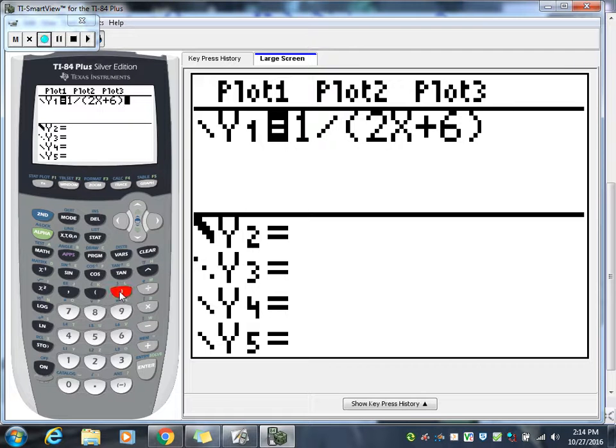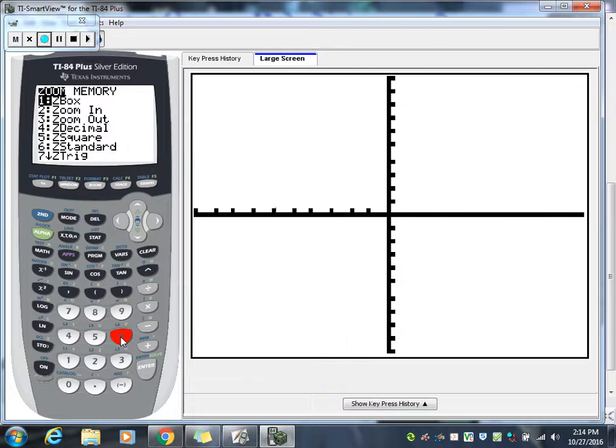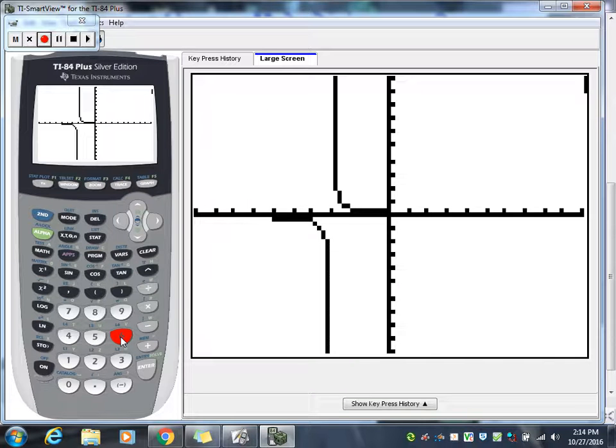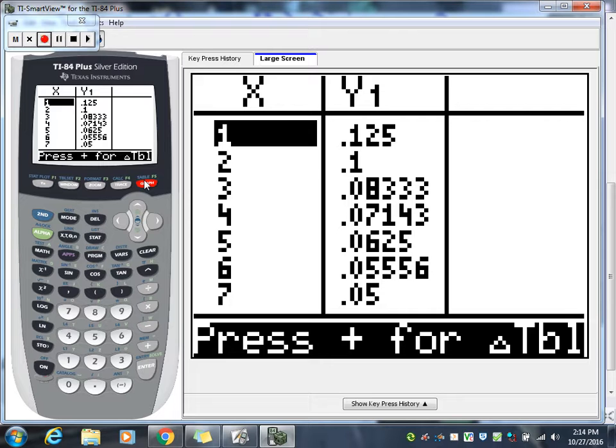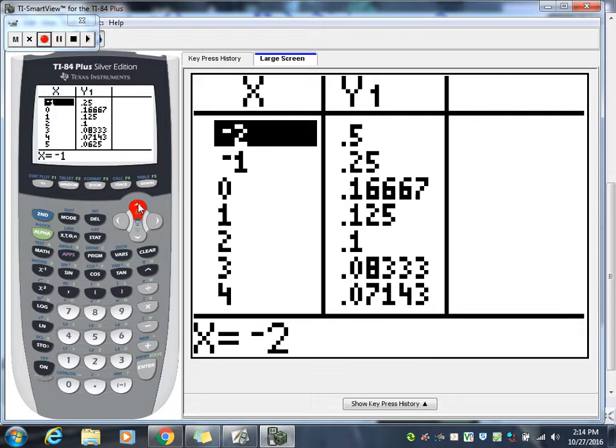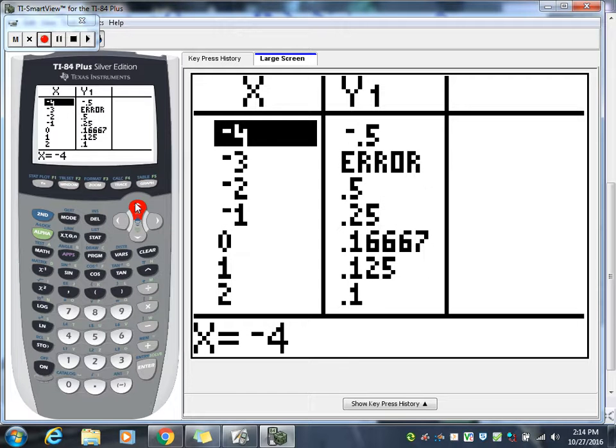And we close. I'm going to hit zoom standard to make sure we get back to our standard window. And notice that at negative 3, there's a blank line. There's nothing there. And we can verify that using the table of values that at negative 3, we do in fact have an error. So the function does not exist at negative 3.